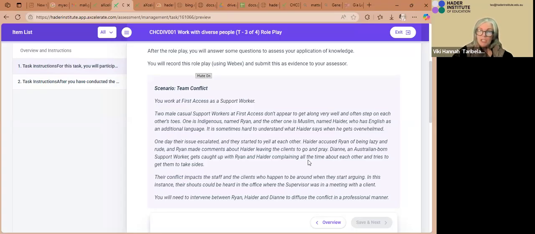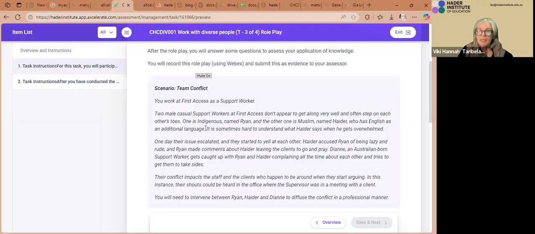So one is an Indigenous, meaning First Nation person named Ryan, and the other one is Muslim, named Hader. Muslim, as in following the faith of Islam, is a religious diversity.